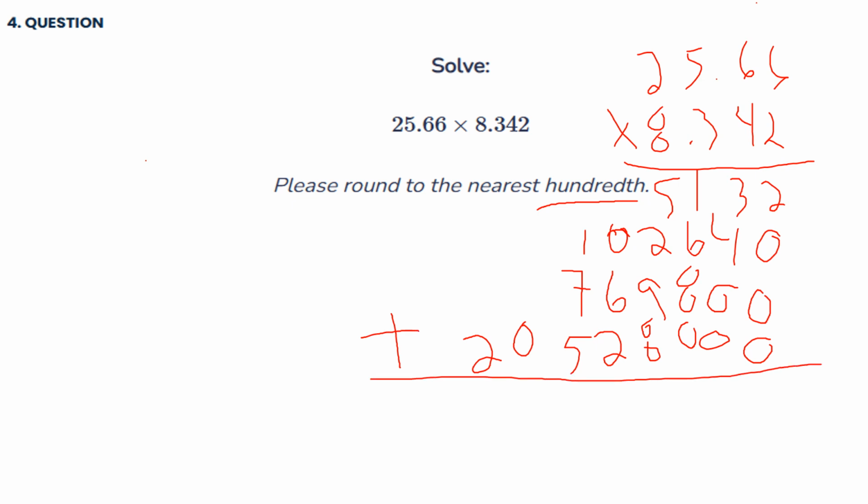Now that I have all of my multiplication done, I do some addition. And again, it's very important to line all the numbers up in the correct place, because it makes adding the numbers a lot easier once you get all your multiplication done. So 2 plus 0 plus 0 plus 0 is 2. 3 plus 4 plus 0 plus 0 is 7. 1 plus 6 is 7, plus 8 is 15, plus 0 still gives us 15.